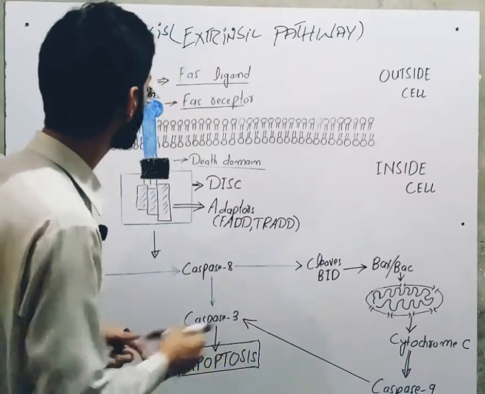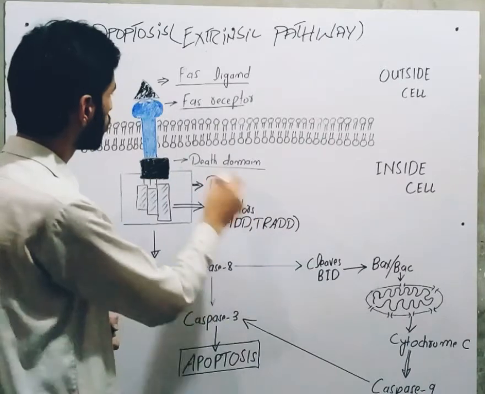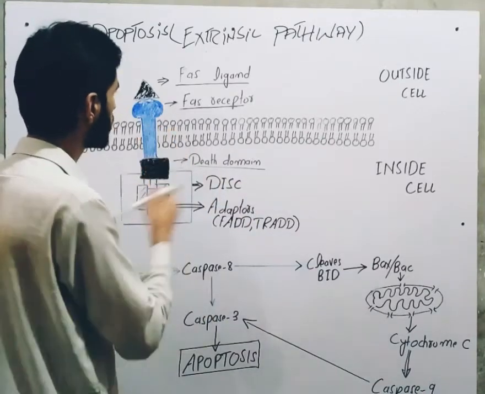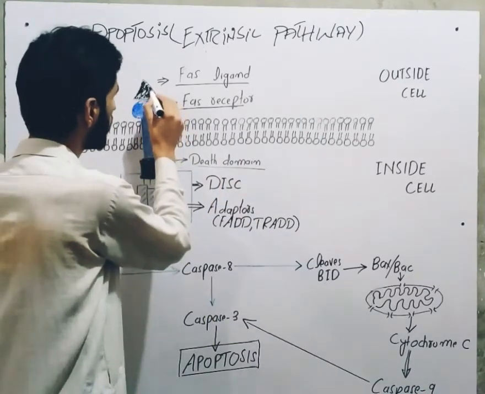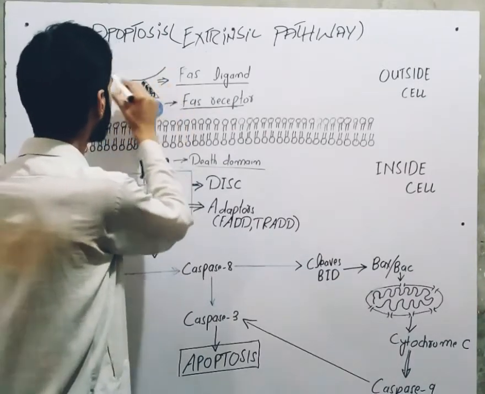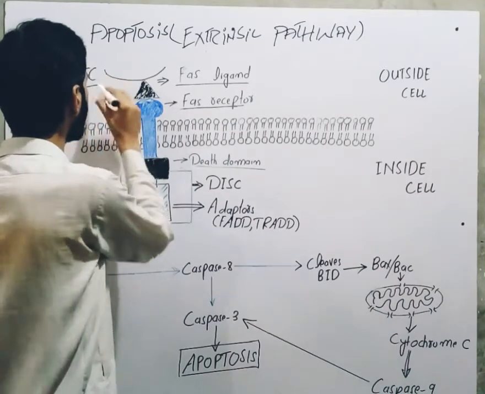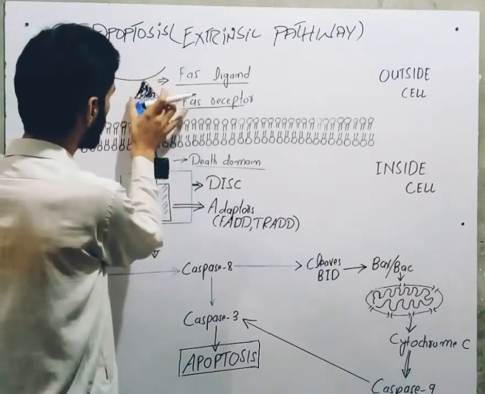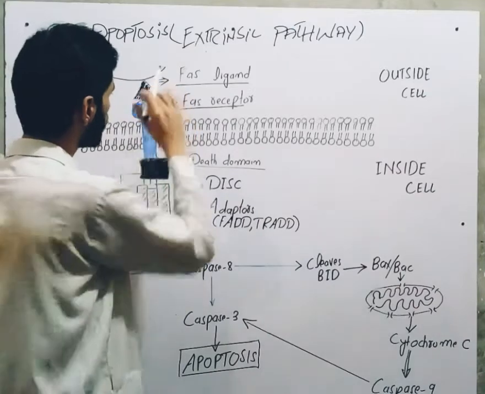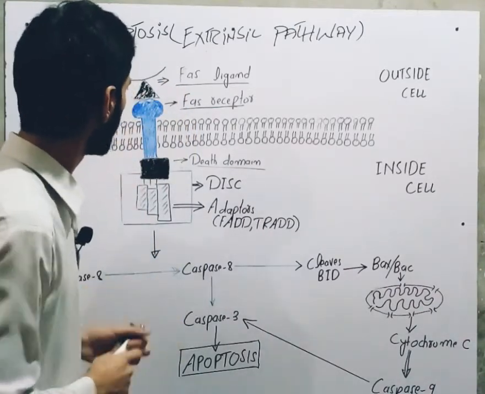So the cytotoxic T cell comes here and binds to this cell through the FAS ligand, which is present on the surface of the cytotoxic T cell. For example, this is a cytotoxic T cell, and this FAS ligand is present on its surface and it binds to this FAS receptor.